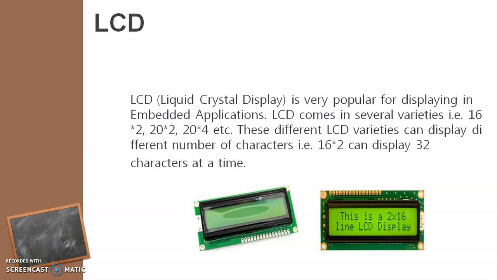You can imagine 16 characters into 2, so 32 characters you will be able to display, or it is 20 cross 2 or 20 cross 4. It consumes very little power because it works on the reflection of light.